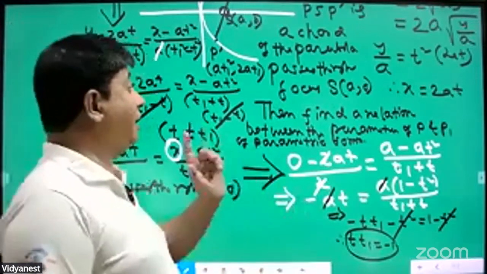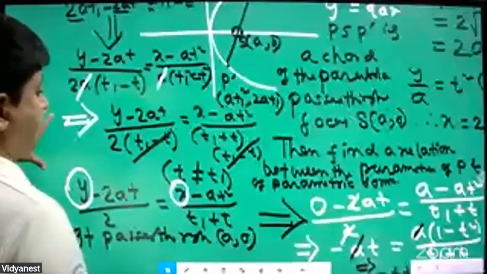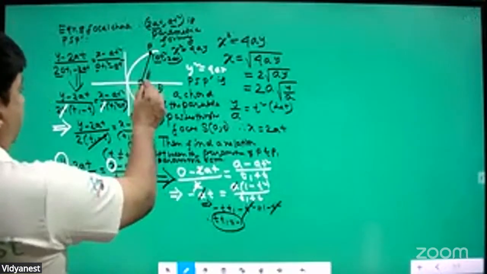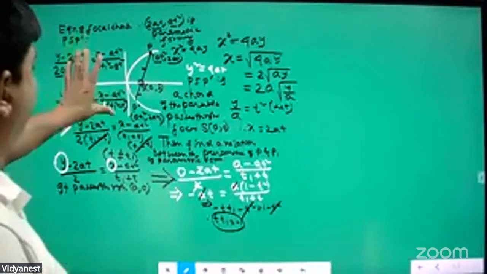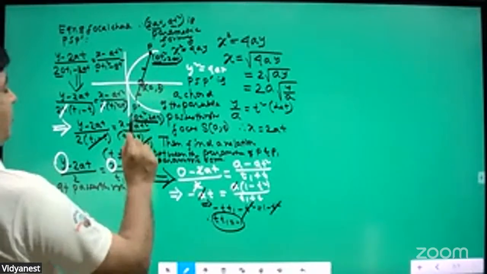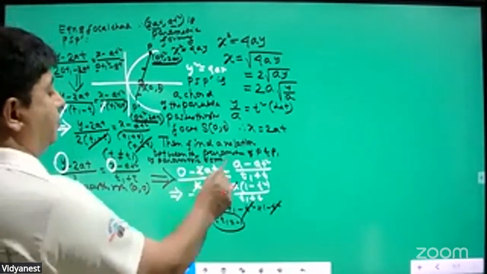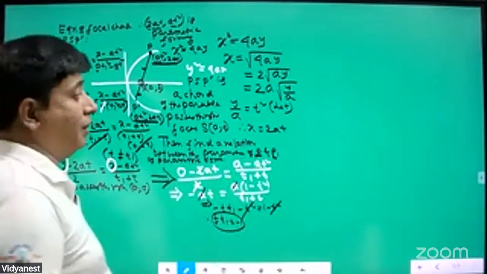If that line is considered as a focal chord, and if (at square, 2at) and (at1 square, 2at1) are two extremities, then what is the relation between the parameters of P and P1? t1 is minus 1 by t.